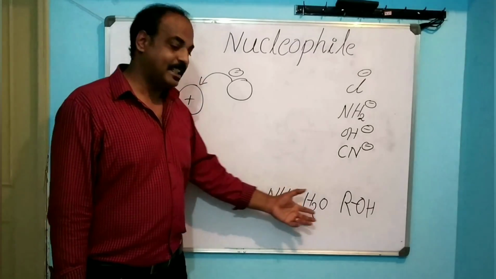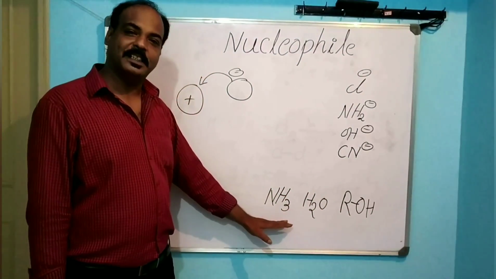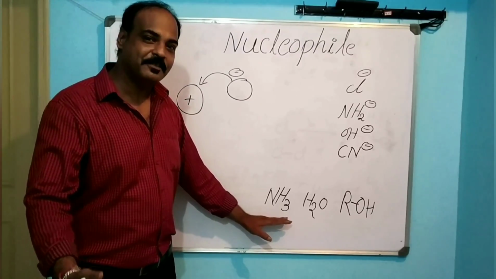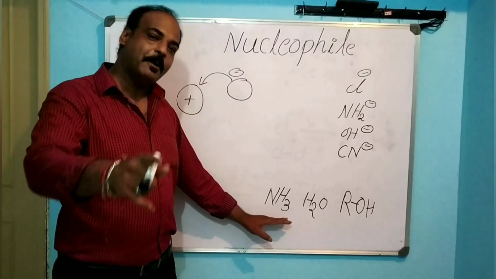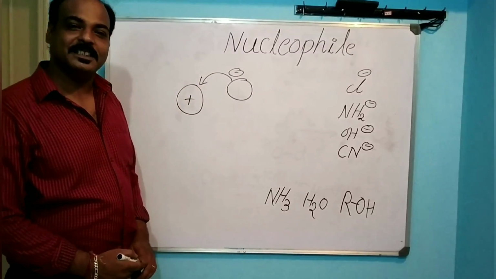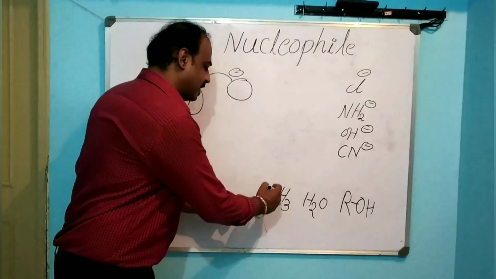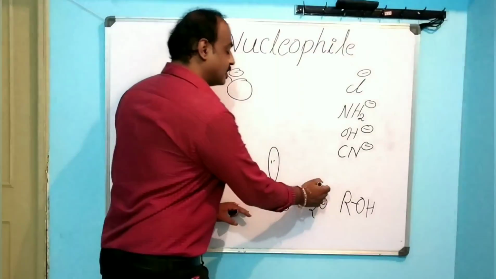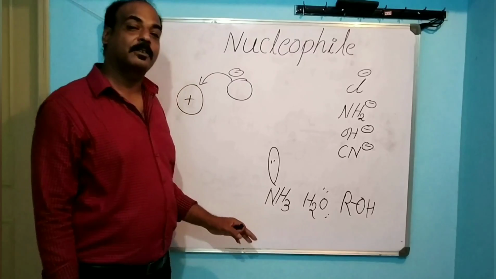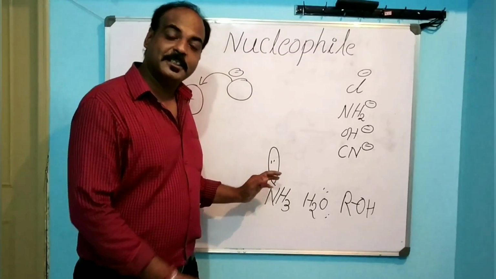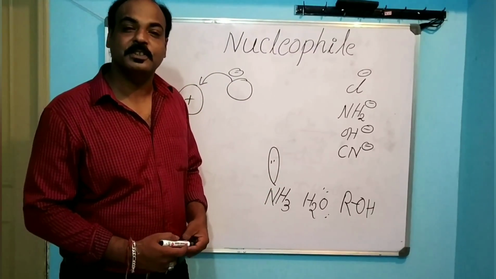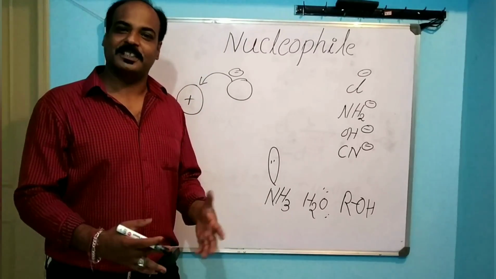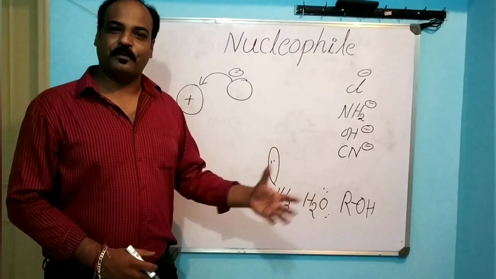Then there are neutral molecules. These neutral molecules will not have a negative charge, but they will have a lone pair of electrons which is not involved in bond formation. Nitrogen contains a lone pair of electrons, oxygen contains a lone pair of electrons. So neutral molecules which contain lone pairs of electrons are also considered nucleophiles.